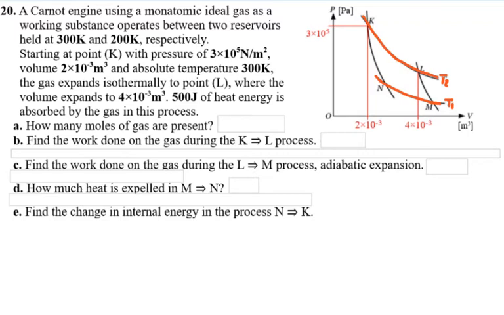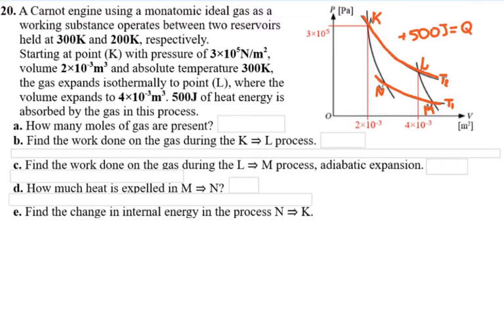The gas expands isothermally to point L. So you have K, L, M, and N, where the volume expands to 4×10^-3 cubic meters. 500 joules of heat energy is absorbed by the gas in this process. So you have 500 joules of heat added between K and L.